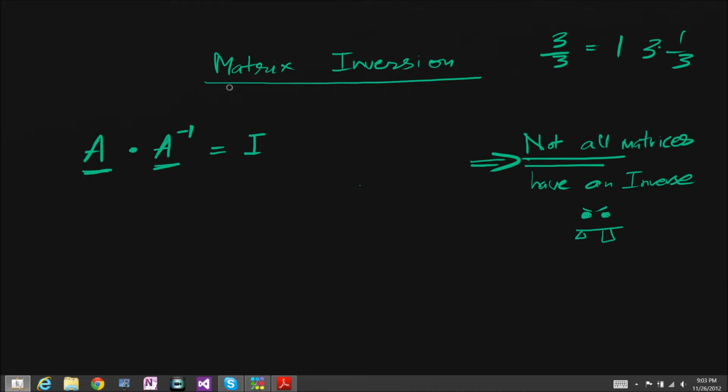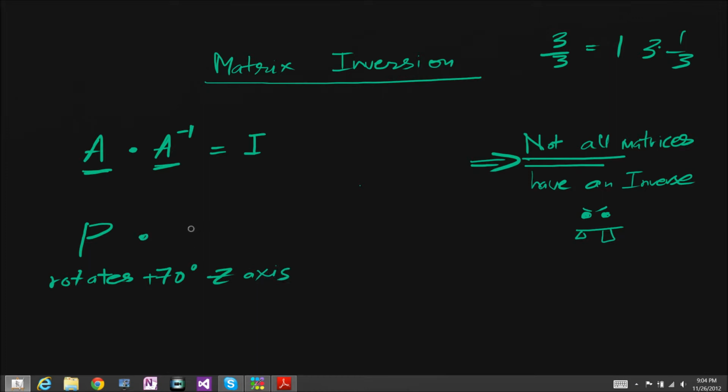Now, how can we relate something like matrix inversion to the world of game programming? Another way you can visualize matrix inversion is that, let's say we have a matrix P. Now let's say this matrix rotates. It's a transformation matrix, and it rotates an object when multiplied by it by a positive 70 degrees on the z-axis.